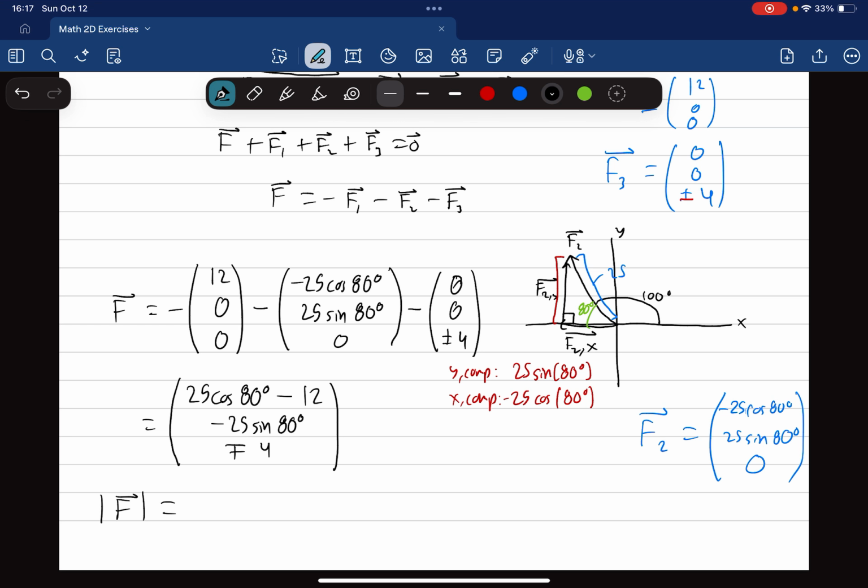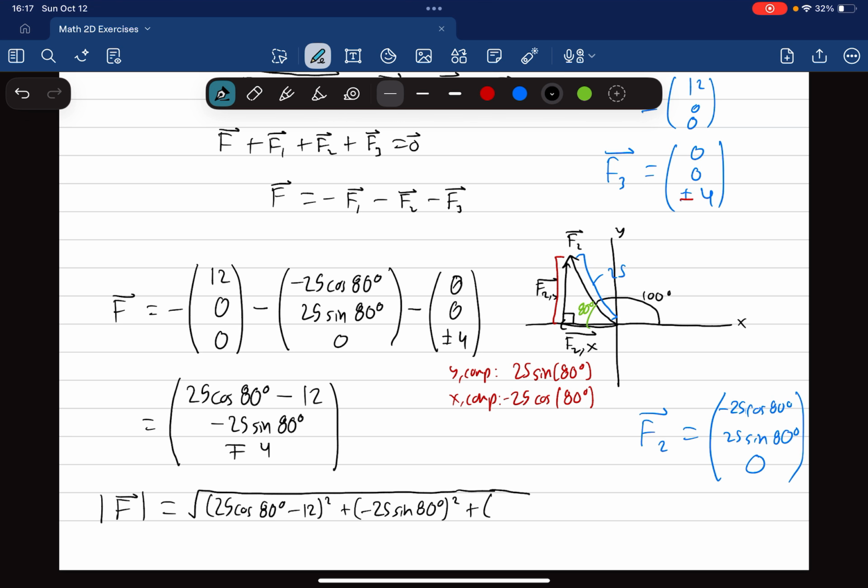Well, now that we have the components, we can just square them individually, add up the results, and then take the square root at the end. So this is for the x component. This is for the y component.